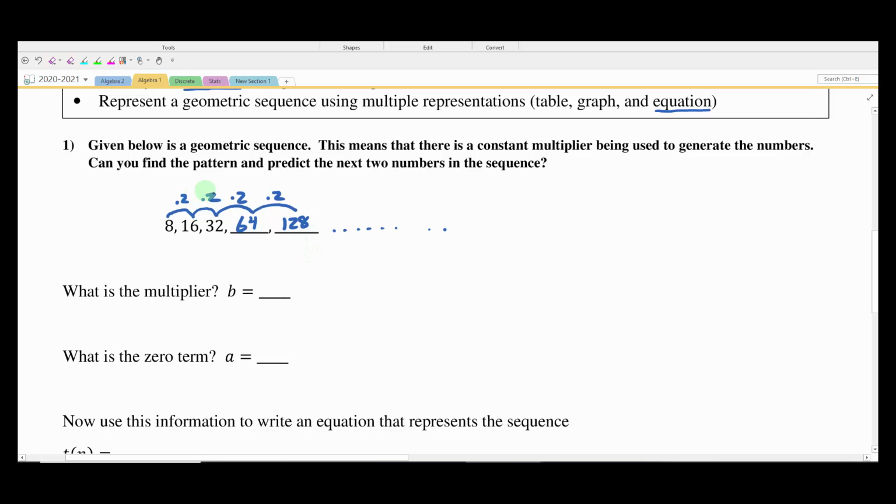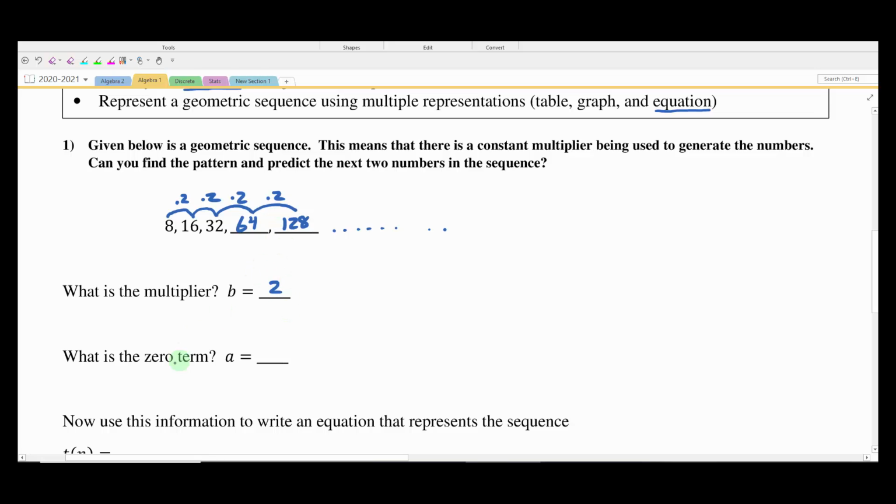So we see the pattern. It's multiplying by 2, and that tells us what our multiplier is. The number that we multiply by to generate the numbers in the sequence is what we call the multiplier, and it's usually represented by the variable b. So our multiplier here is 2.